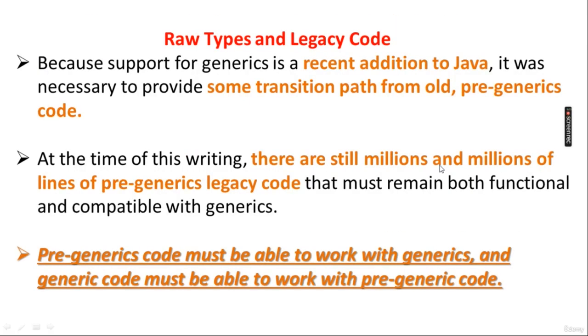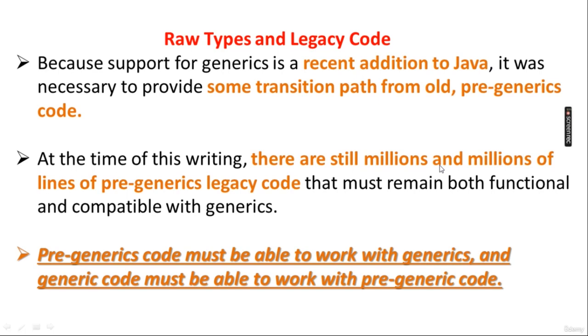Now we will see raw types and legacy code. Because support for generics is a recent addition to Java after Java 5, it was necessary to provide some transition path from old, pre-generics code to new code. Okay. At the time of this writing, there are still millions and millions of lines of pre-generics legacy code that must remain both functional and compatible with generics. Okay.